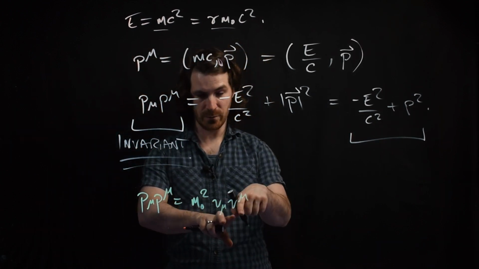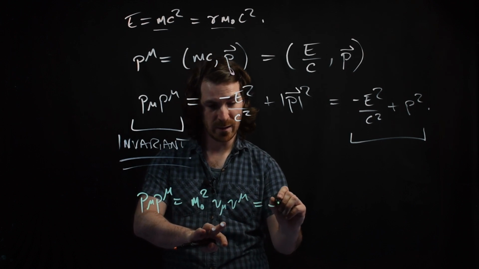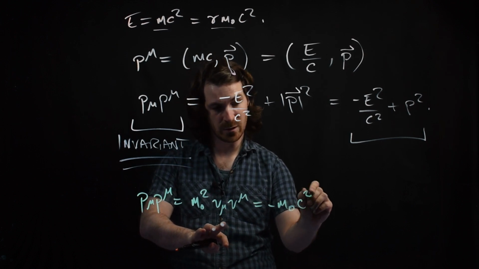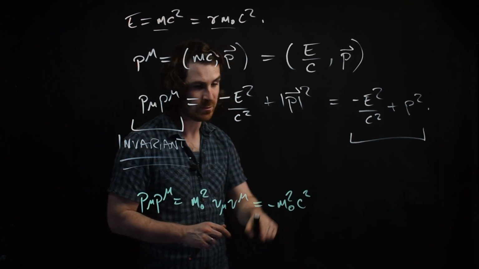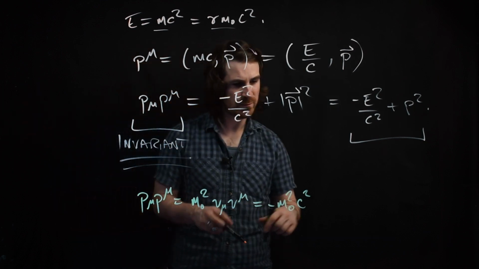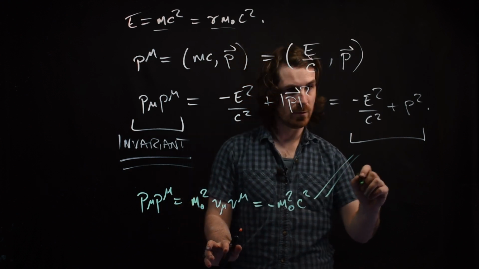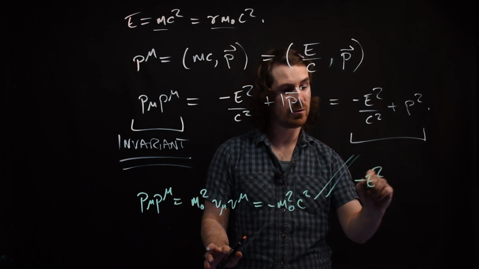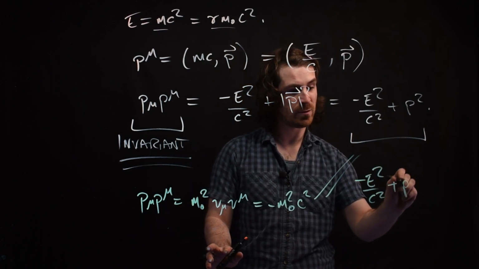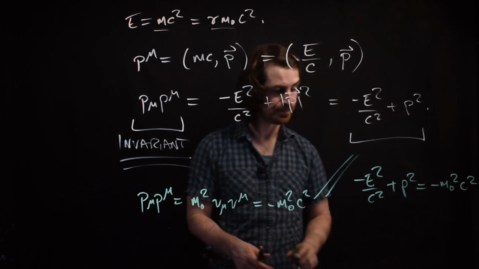The inner product of the four-velocity with itself is just minus c squared, so this is minus m0 squared c squared. So we found that this must equal this: minus E squared over c squared plus p squared equals minus m0 squared c squared.